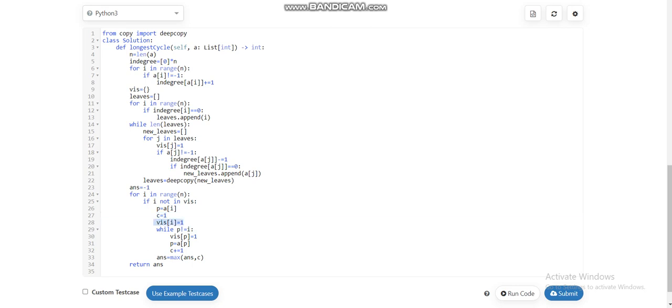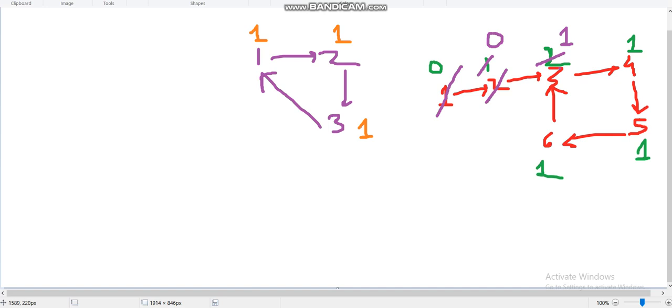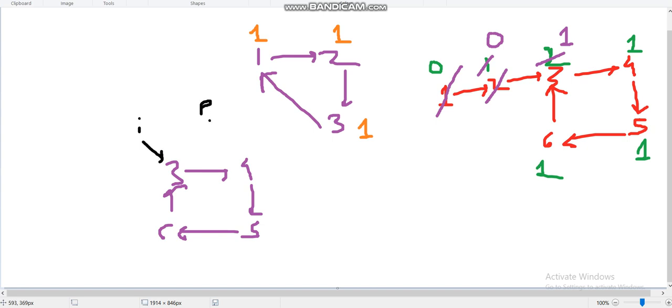Let's say this is a graph 3, 4, 5 and 6. Let's say our current node is 3, so i is 3. I mark 3 as visited, and I point P to 4. Now I iterate to the next node, and the next, while P is not equal to i.